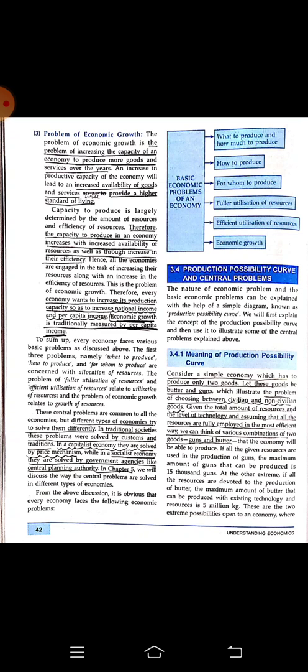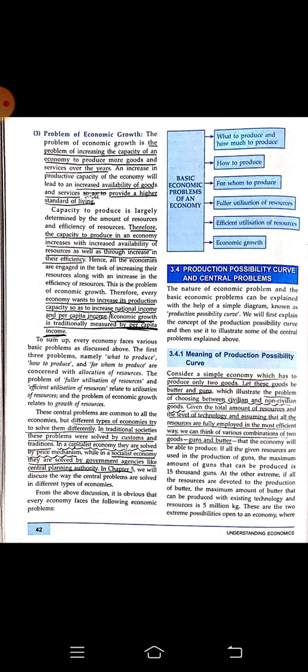I told you a few minutes back that if we have more goods and services, that is going to increase our standard of living. Therefore, the capacity to produce in an economy increases with increased availability of resources as well as with their efficiency.